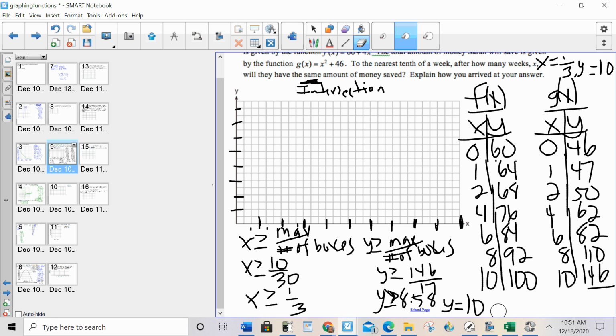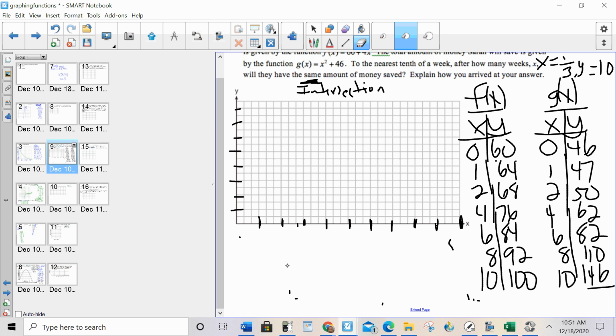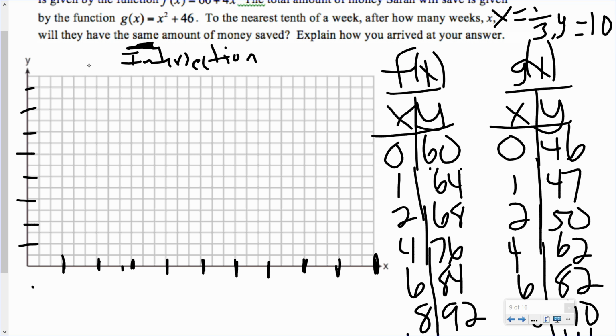So I'm going to erase that now so I have some space to work. And let's put those values in. So 1, 2, 3, 4. I already kind of set up my x's. 7, 8, 9, 10.